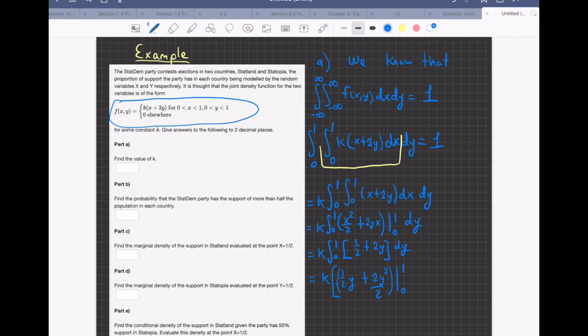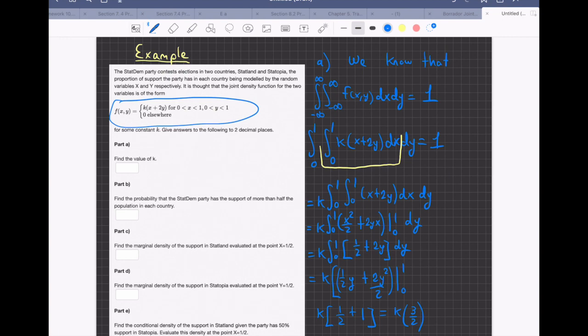Again, wherever you see y, replace y by 1, and then minus replace y by 0. But when we replace by 0, it's going to be 0. So we're left only with the evaluation at 1, which is k times 1/2 plus 2 divided by 2, y squared, that is only 1. And this is equal to k times 3 over 2.